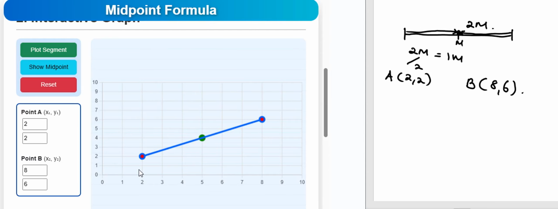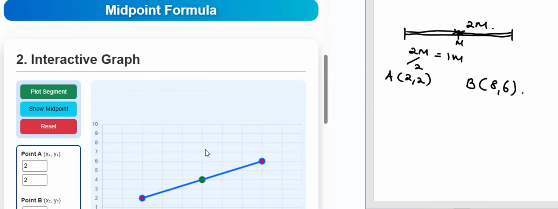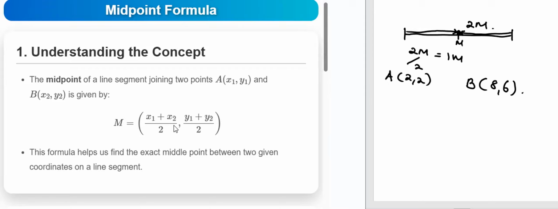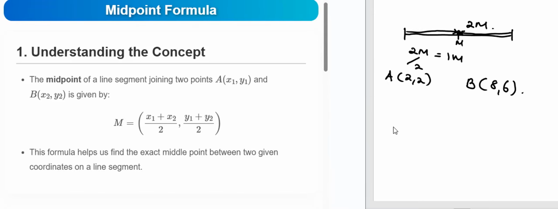But you see, it's not a must for me to plot the line so that I can find the midpoint. I can use the formula to actually find the midpoint. Using our previous logic, we can find the midpoint using this formula, which is x1 plus x2 divided by 2, then y1 plus y2 divided by 2.